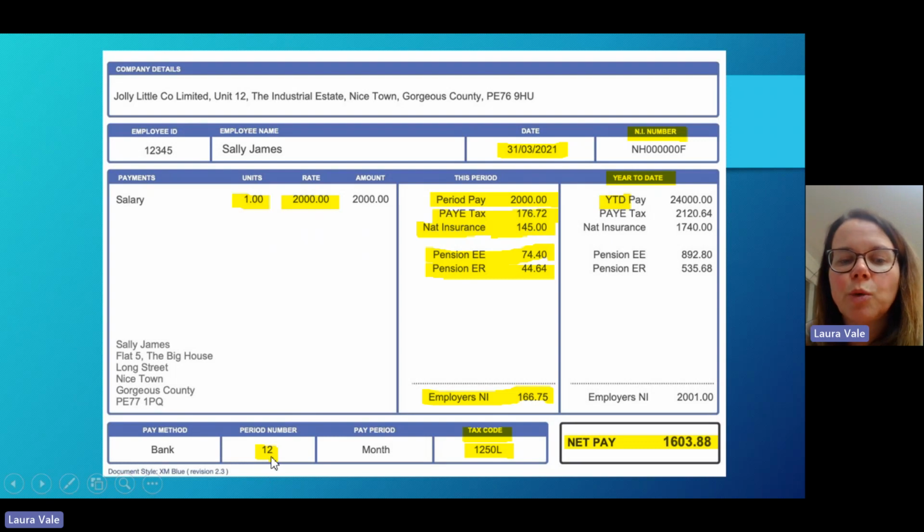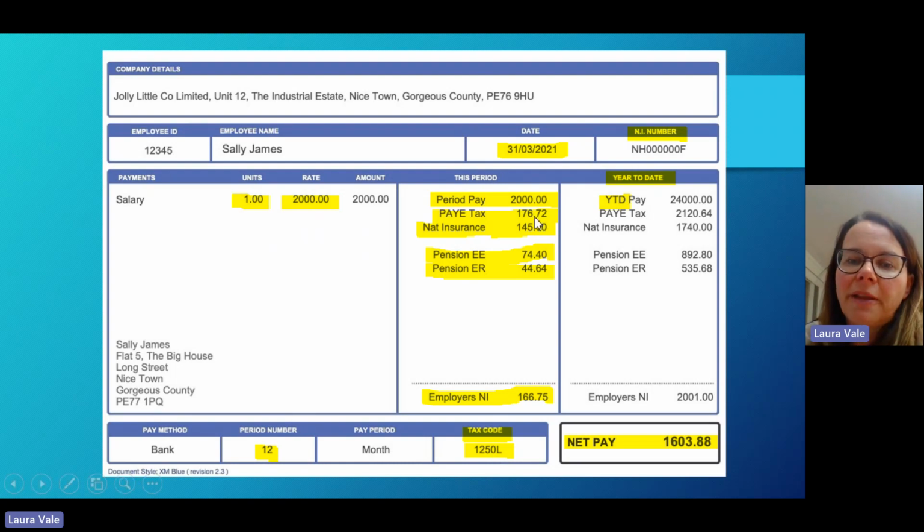It's period number 12. It's the 12th month that she's being paid. She's got her tax code. So this is a slightly older example than what I was speaking about earlier. So the tax code here is 1250L, which means the first £12,500 of her money for the whole year would not have any tax deducted.